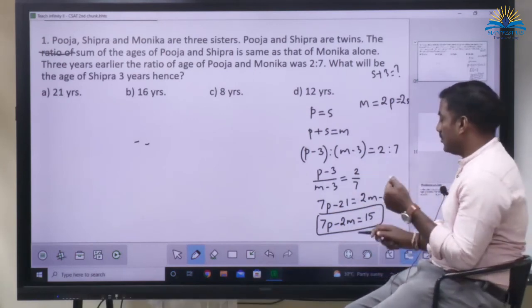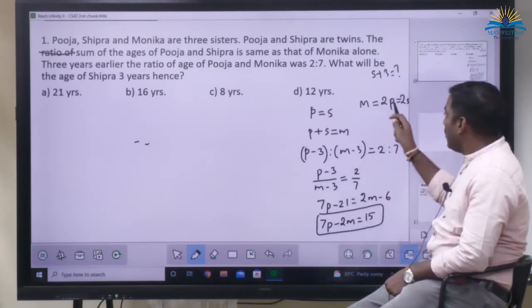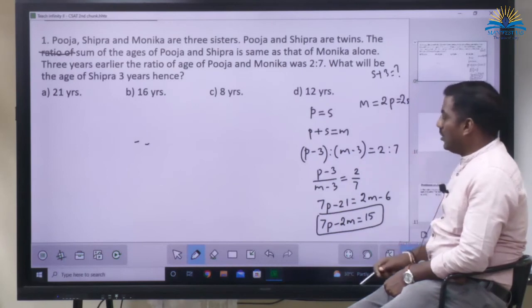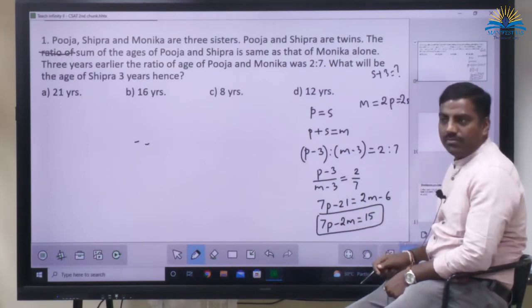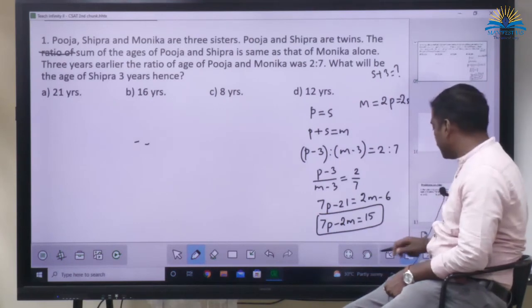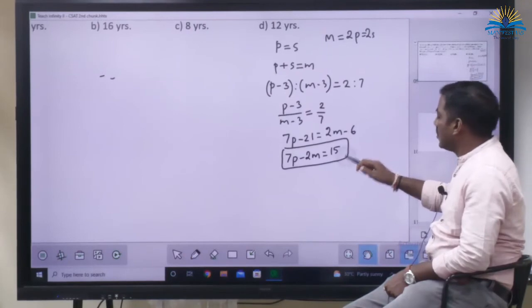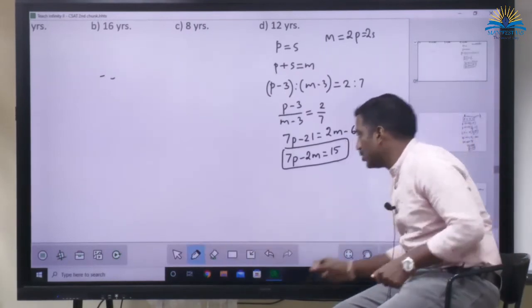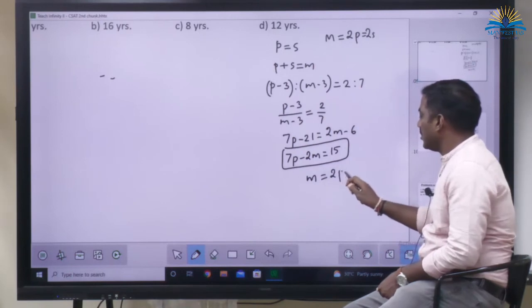Okay. Now, P and M, you know the equation now. M is 2 times of P, no? In this equation, M is 2 times of P. This we know.